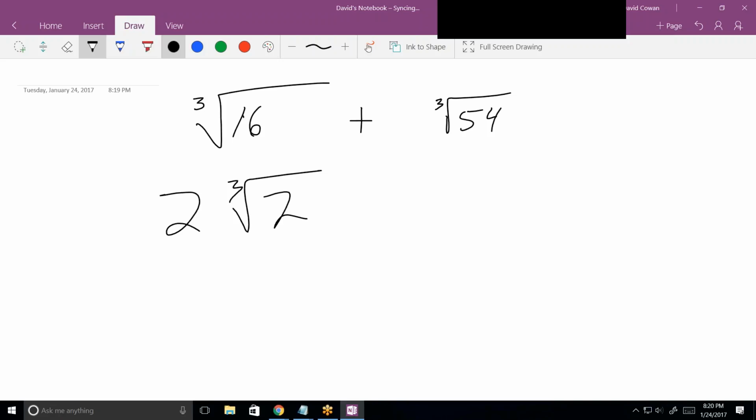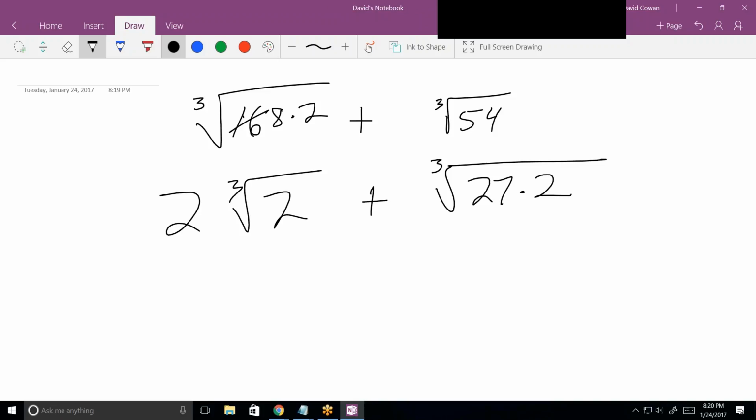I got that by representing the 16 as 8 times 2. And then the cube root of 8 is 2. So the 2 comes out, leaving a 2 still under the cube root sign. With me? Yes. This, I'm going to separate the 54 into 27 times 2.